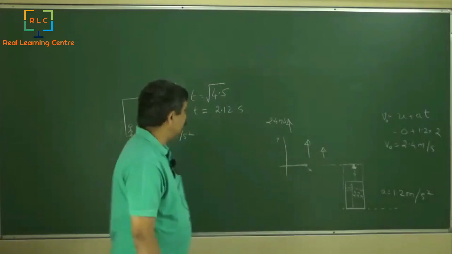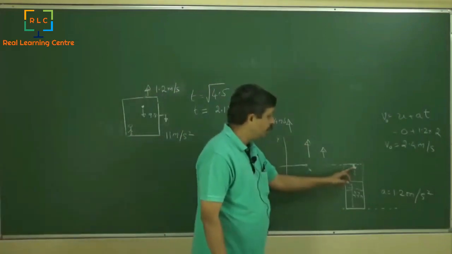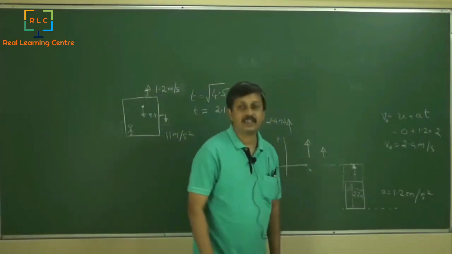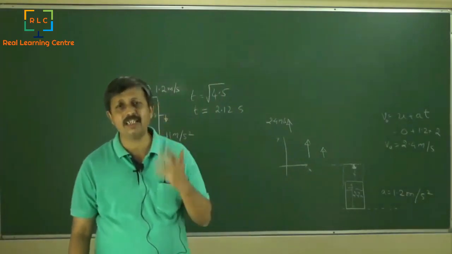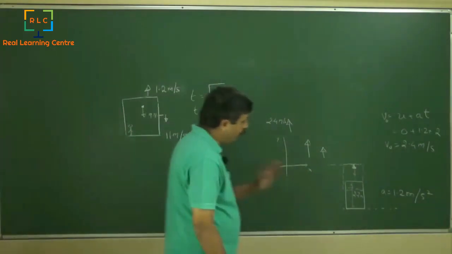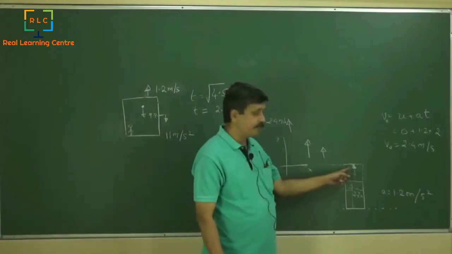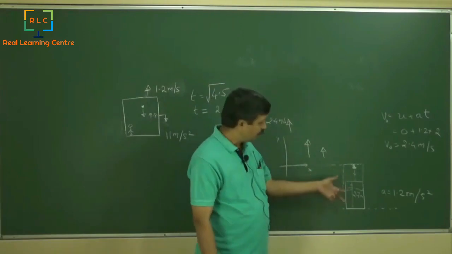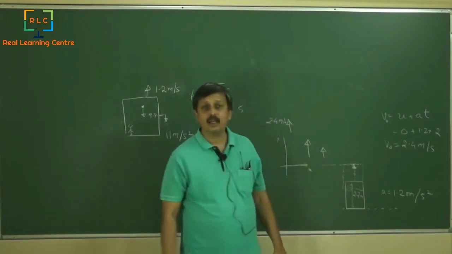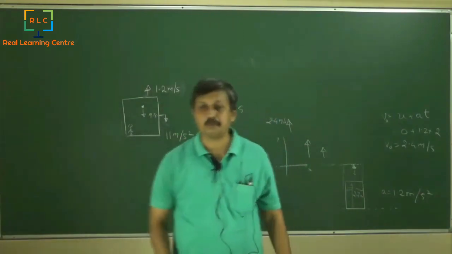What is the acceleration of the bolt with respect to the frame of the elevator? I am making you think a lot in terms of relative velocities. Now you have to simply calculate, for 11 meters per second square acceleration instead of 9.8, how much time it takes to come from top to the bottom.